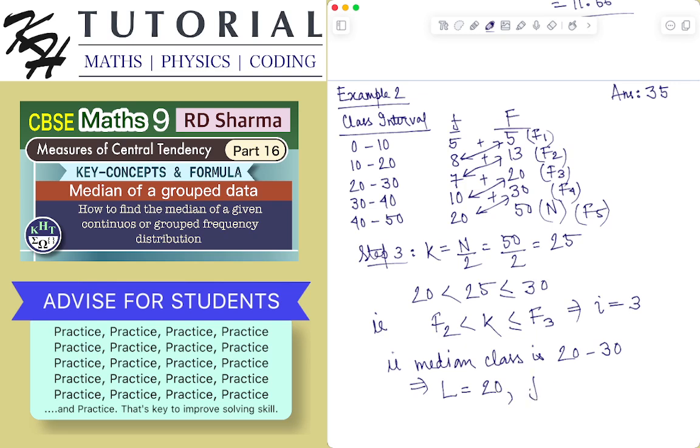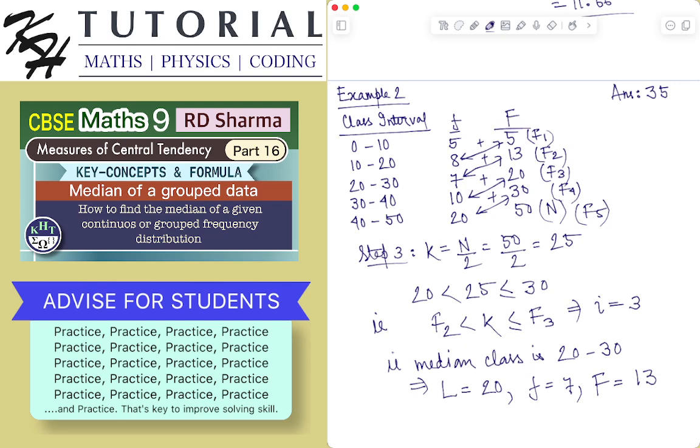Small f is the frequency of the median class, which is 7. Capital F will be the less than cumulative frequency of the class just preceding the median class, which is 13. Sorry, one second.